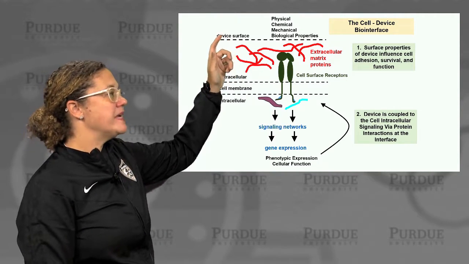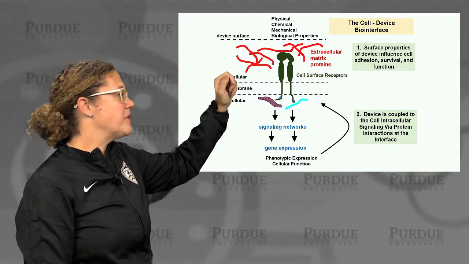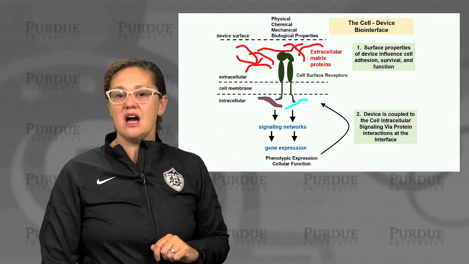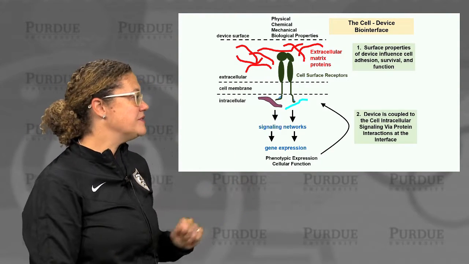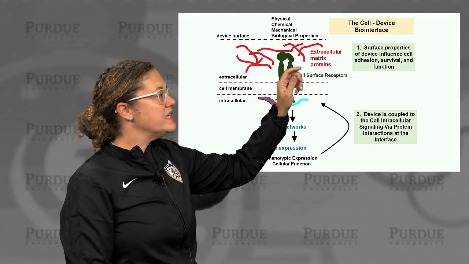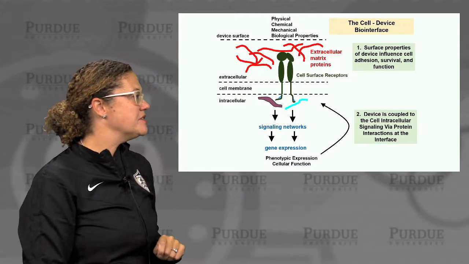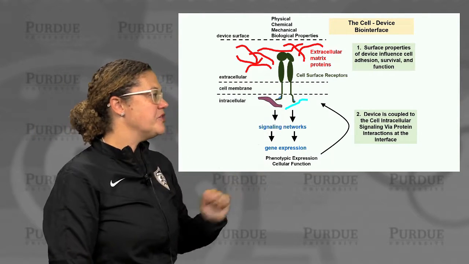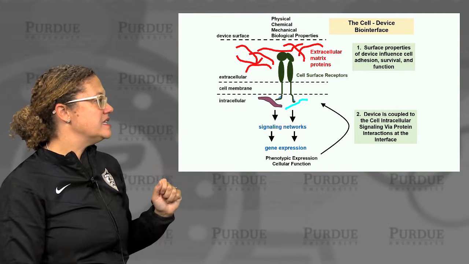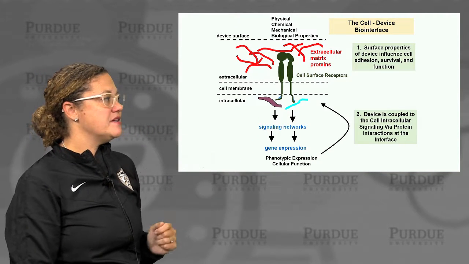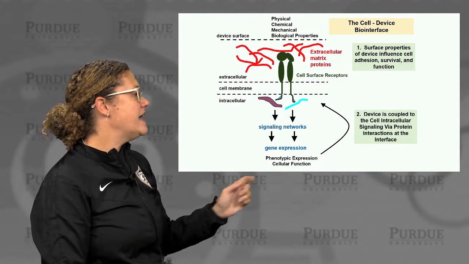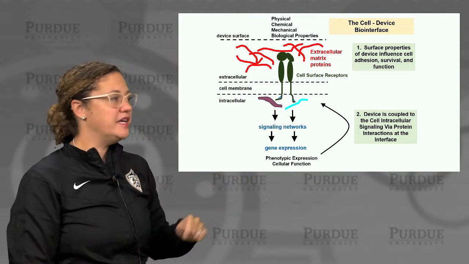the physical, chemical, mechanical, and biological properties of our device surface influence our cell function downstream by interacting with extracellular proteins that interact with receptors on the cell that relay that information to the intracellular part of the cell, including the cytoskeleton and other components of signaling networks that can ultimately affect gene expression and the phenotype or function of our cells.